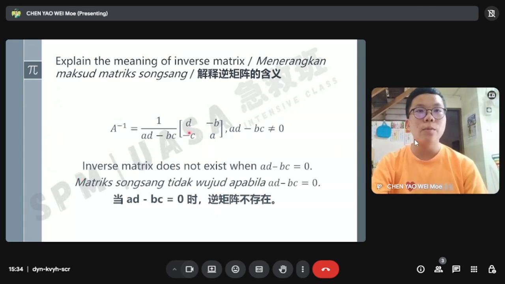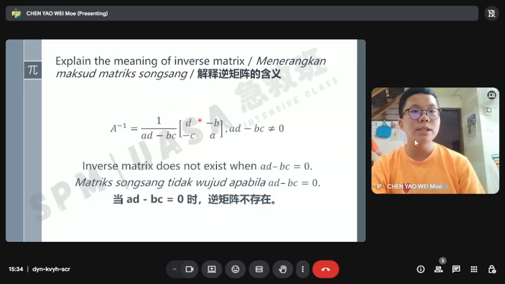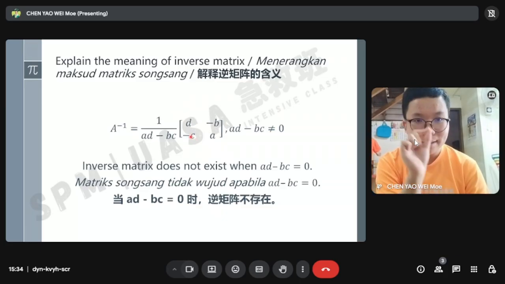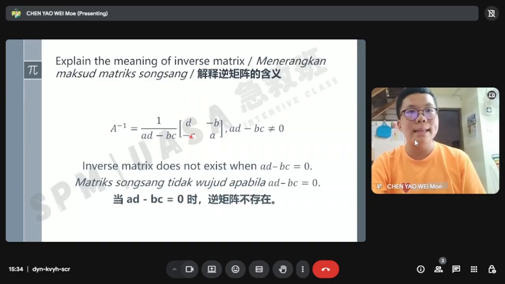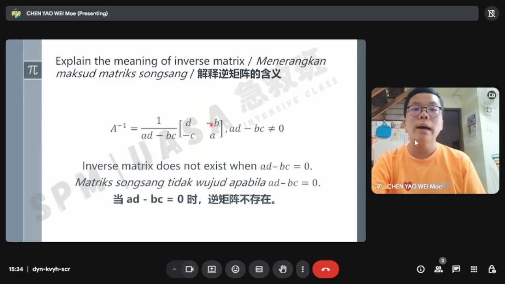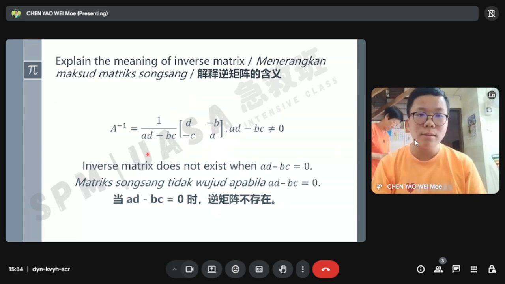AD we swap places. For B and C we put the negative sign, or we can say I negate them. If there is a negative here, I put positive. If there is none, I put negative. And remember, AD minus BC cannot be 0. If it is 0, it means the inverse matrix does not exist.